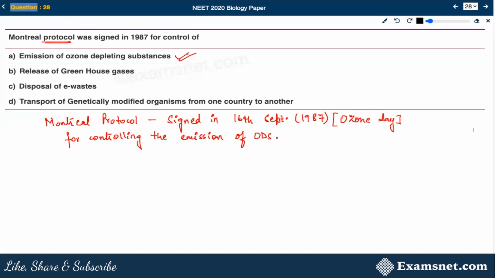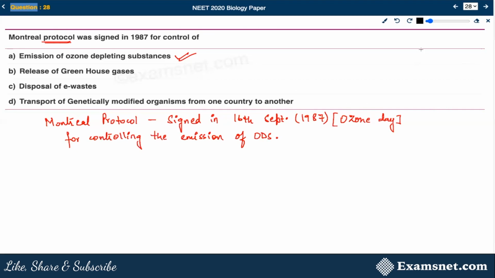All right. It was aimed at stopping the production as well as the import of ozone depleting substances. So that's why the correct option is going to be emission of ozone depleting substances.